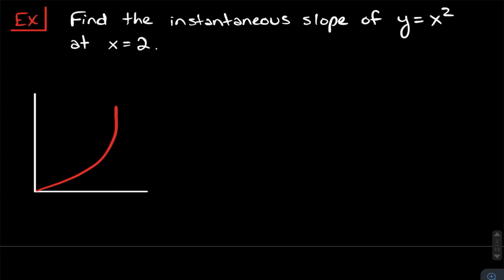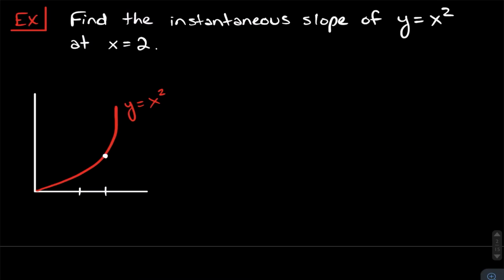For a graph like this, if we're trying to find the slope at x equals 2, what does that mean? Well, again, the slope is just the rise over run. It's how fast the curve is changing in height versus how fast it's changing in the x direction. That's what rise over run is.